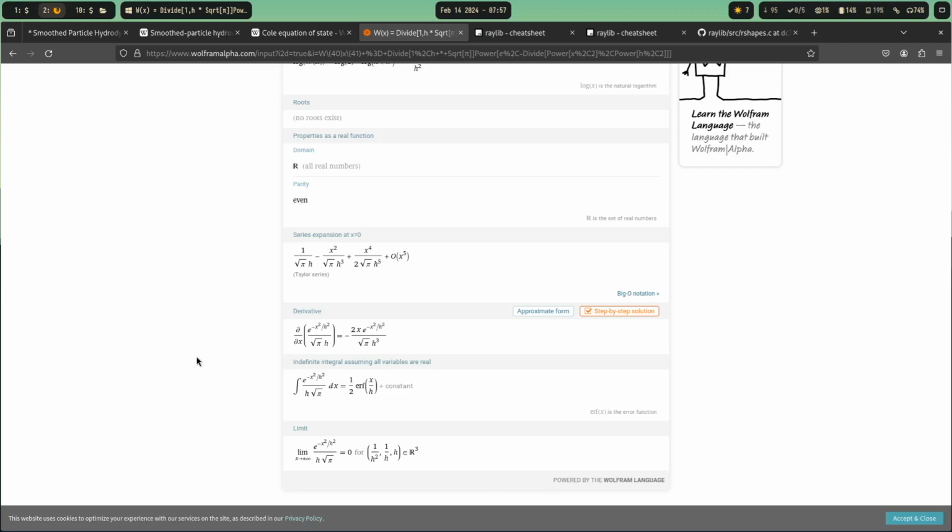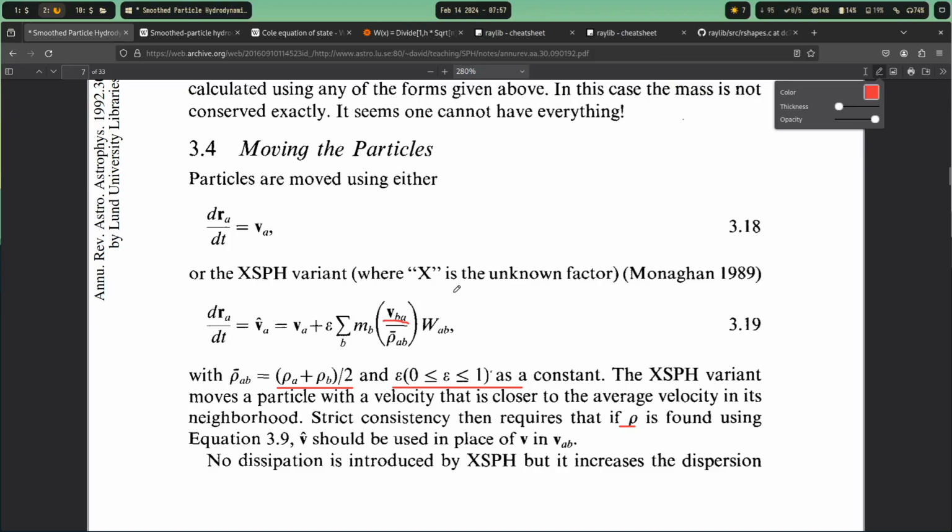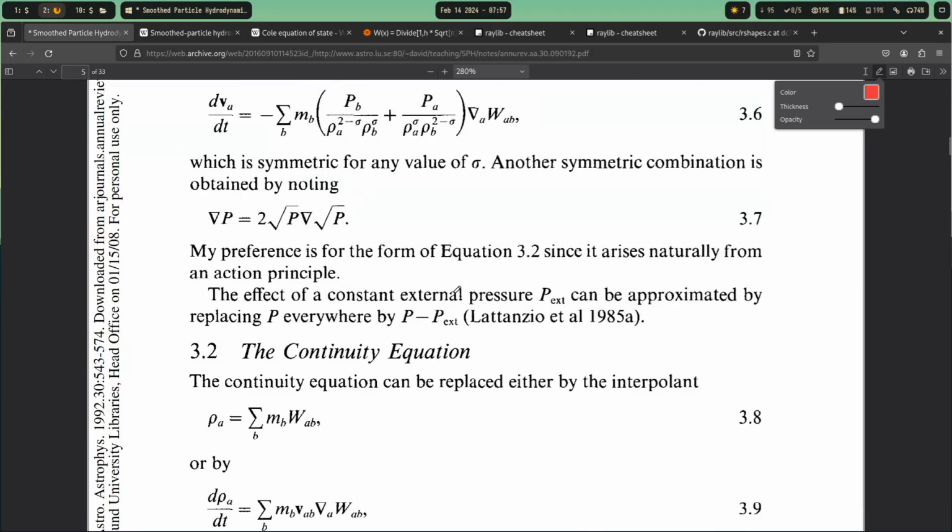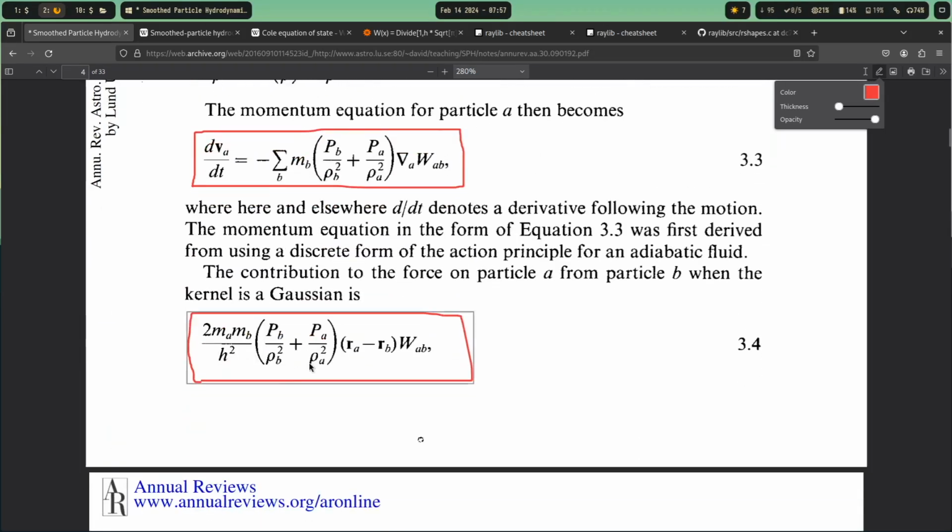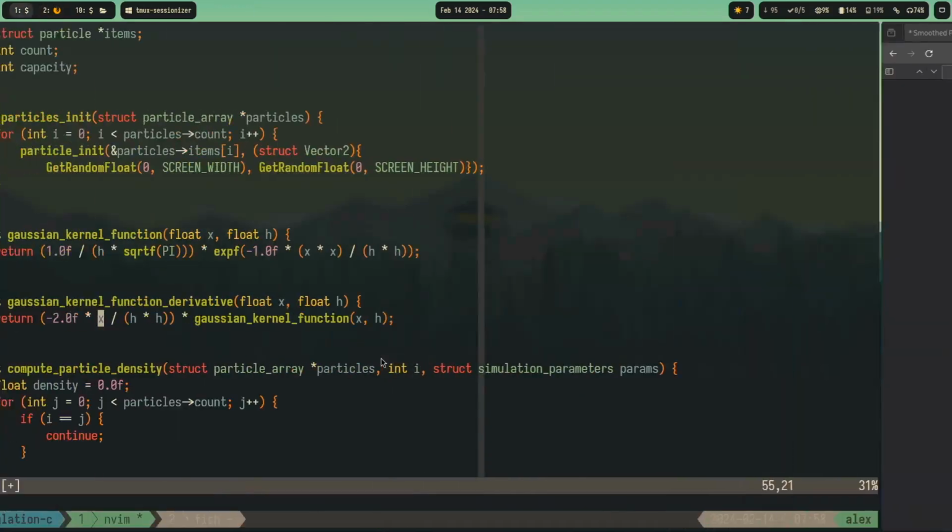Although the issue is that I think in this case this should be like a direction.